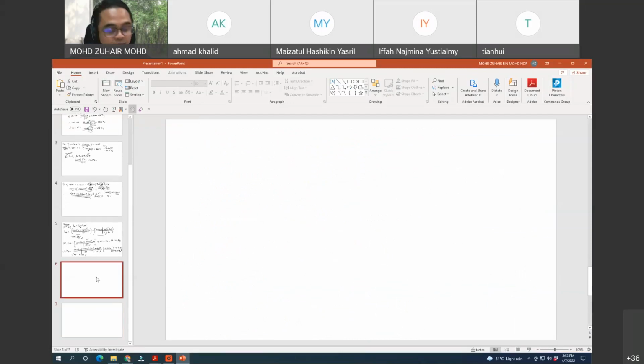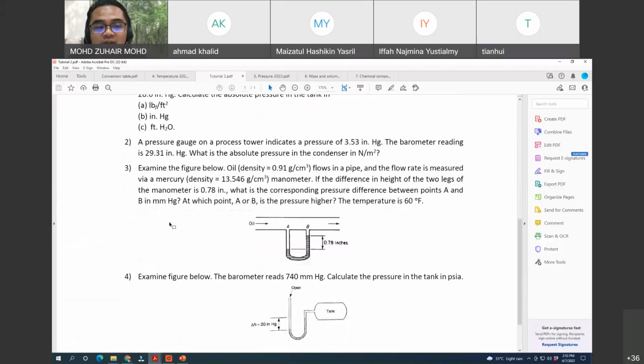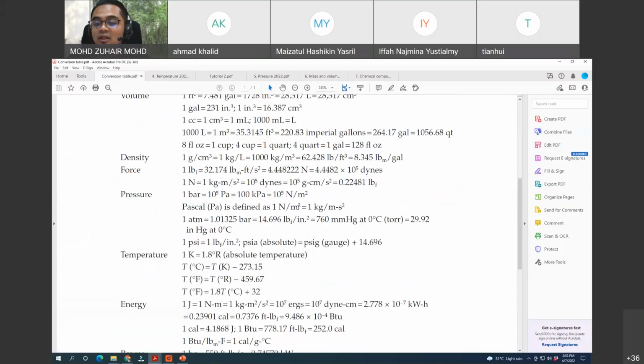Okay. So we move to the second question for pressure, in which a pressure gauge on a process tower indicates a pressure of 3.53 inch mercury. Okay. The barometer reading is 29.31 inch mercury. What is the absolute pressure in the condenser in Newton per meter square? Okay, so again, you need to see here Newton per meter square.